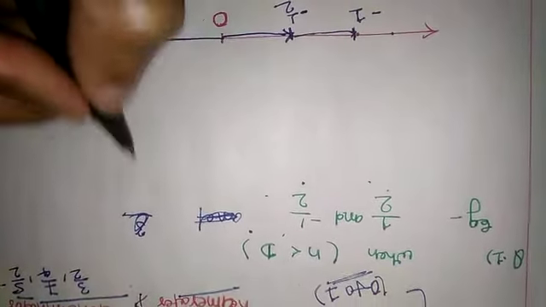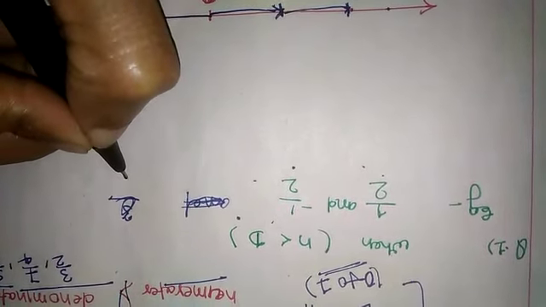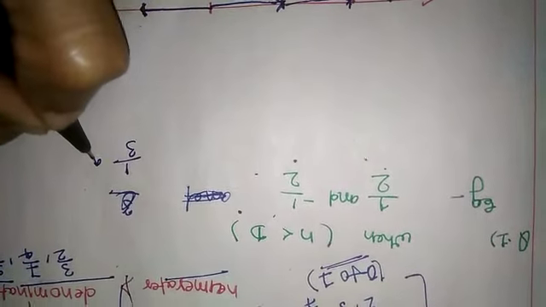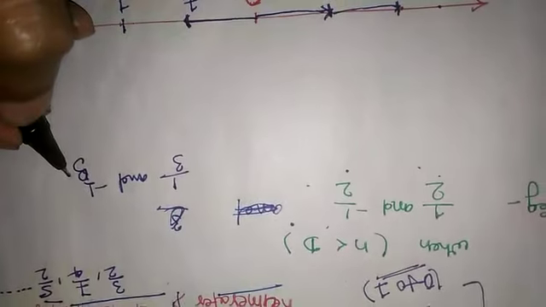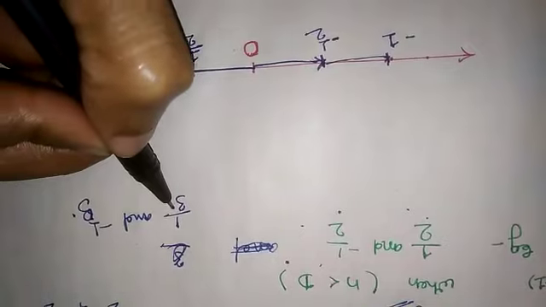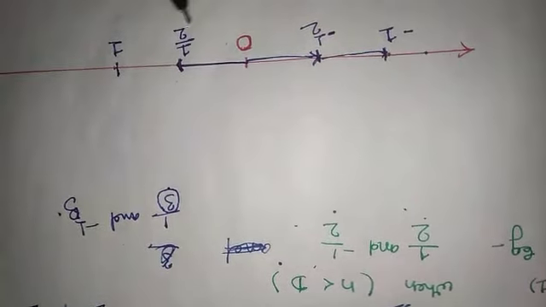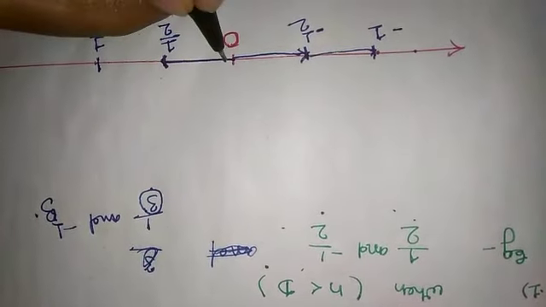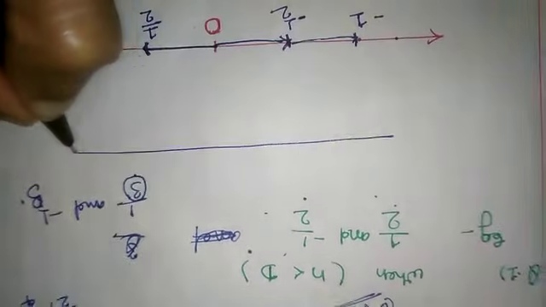You can represent any other number such as 1 by 3 and minus 1 by 3 easily. Look at the denominator. The denominator is 3, so we divide this into 3 equal parts. Draw a number line.